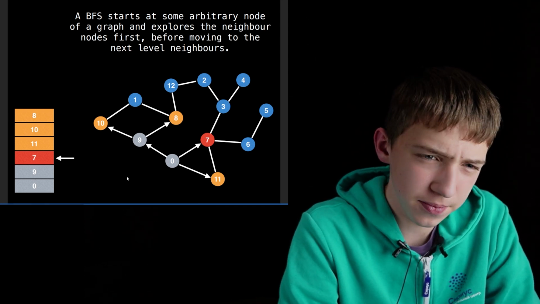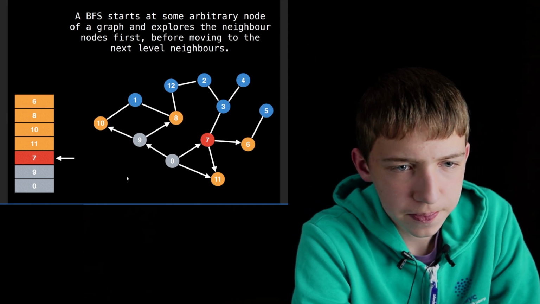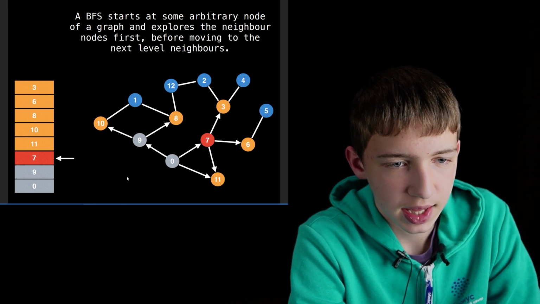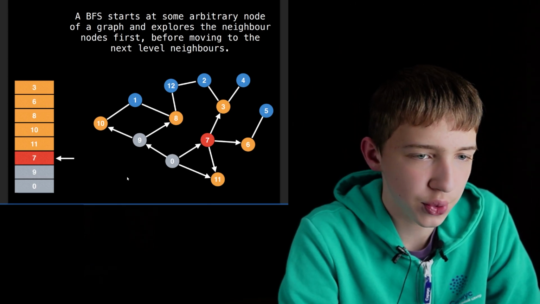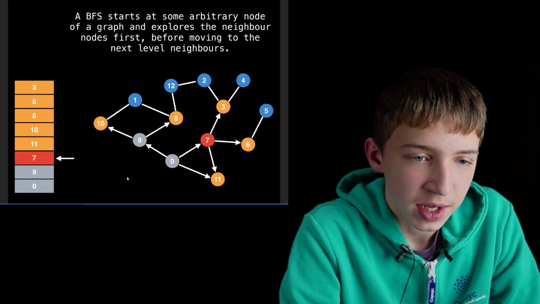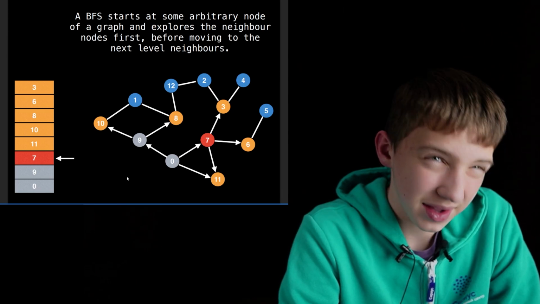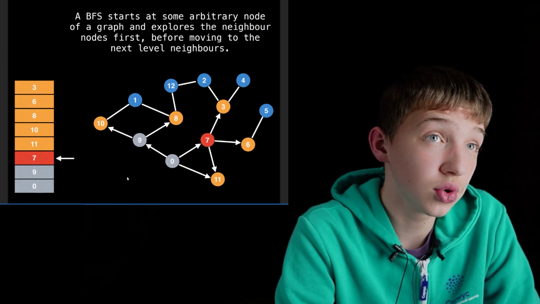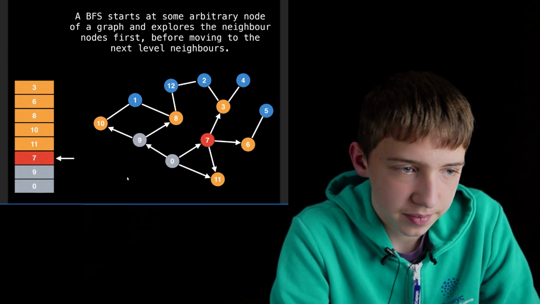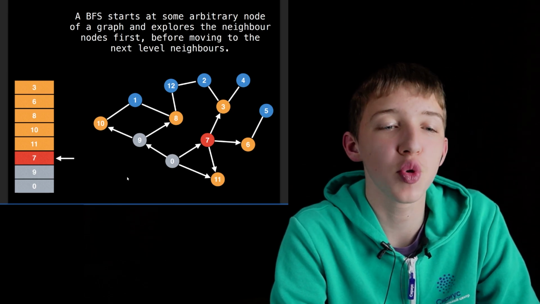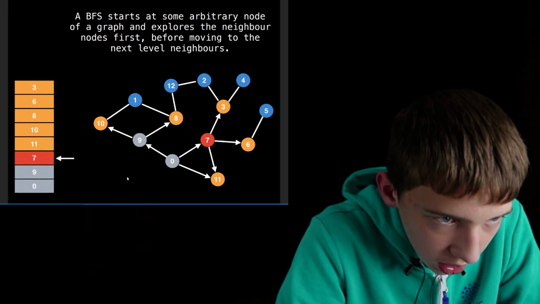From 7 we can go to 3, to 11, 3, and 6. Normally we wouldn't go to 11 since we do not want to create a cycle here.